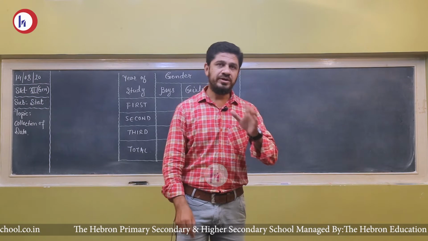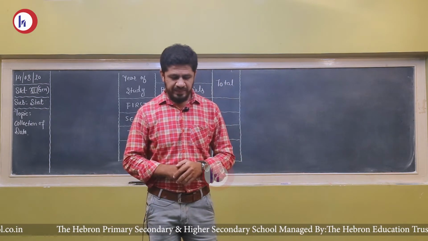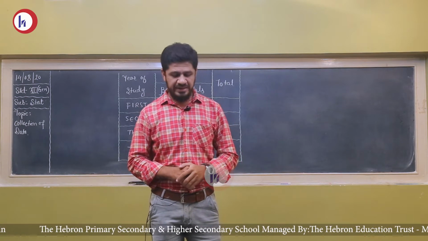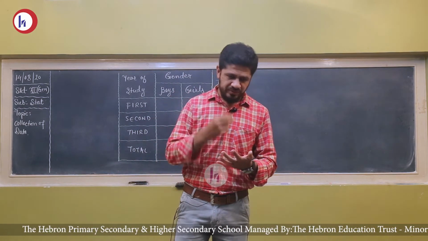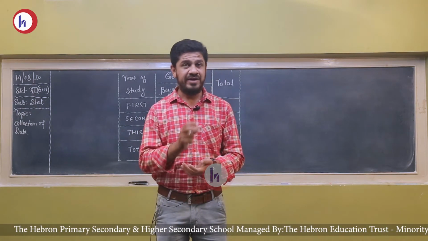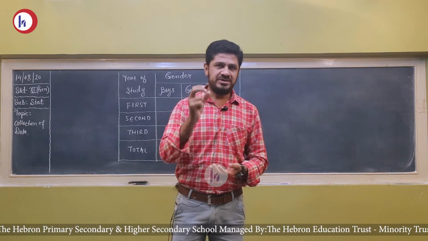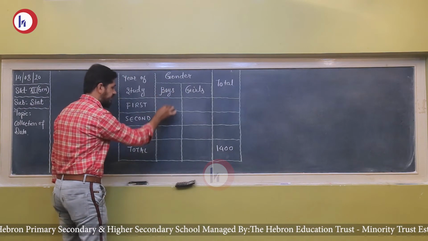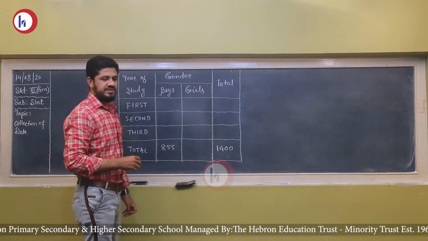These are the total number of boys. Students, you can see here only one attribute is represented, the number of boys. They haven't mentioned whether they are from the first year, the second year or the third year. So these are the total number of boys studying in the college, so we fill this amount here.